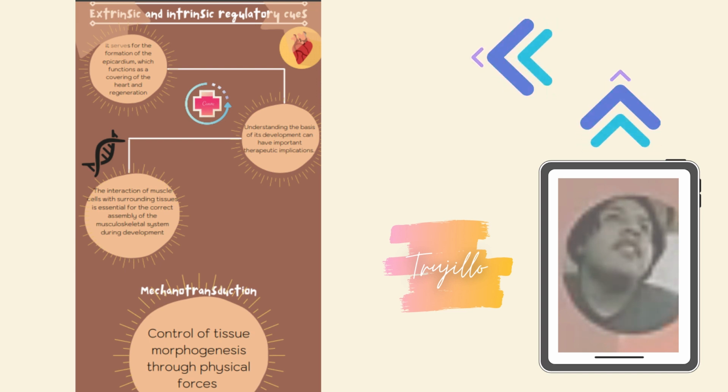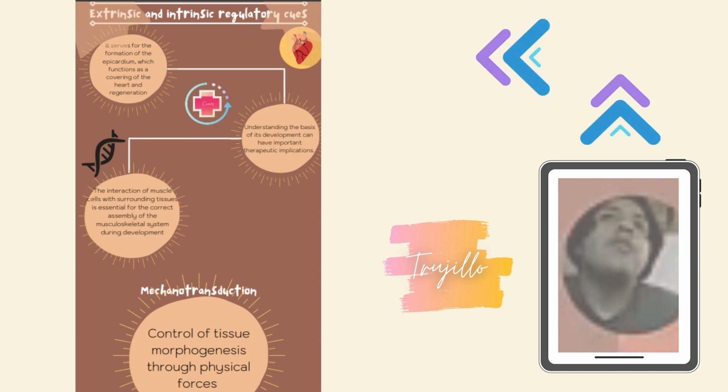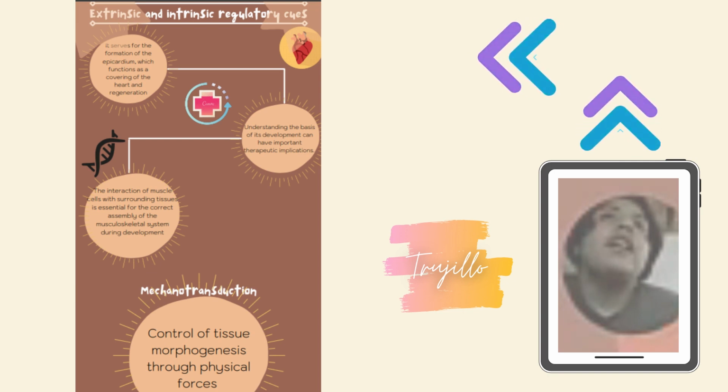An emerging topic in developmental biology is the control of tissue morphogenesis by physical forces, mechanotransduction. It reminds us that cells from embryos and adult organisms are not present in isolation, but are embedded in extracellular matrices in complex tissues.